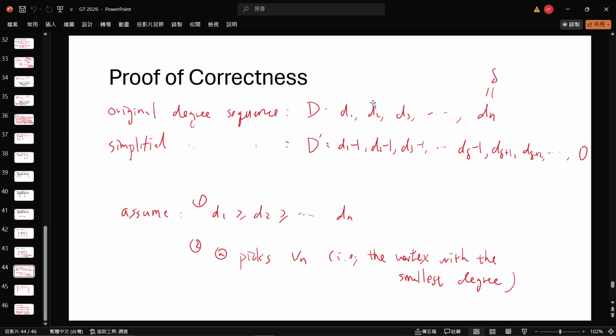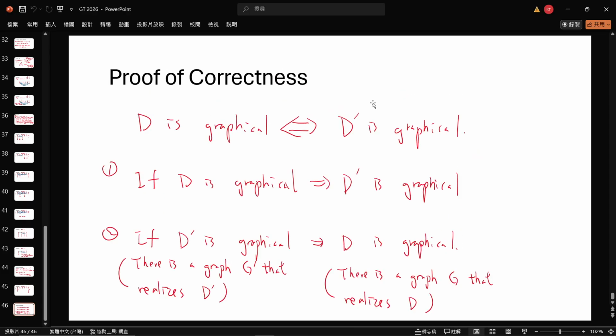所以这边最关键的就是，如果本来的它是 graphical，就是真的有一个 graph 可以 realize 它，我们这边做的事情是确保新的 degree sequence 也是 graphical，那这样就不会让 Melvin 上礼拜说的那个情况发生，就是这个演算法 output 说不是 graphical，但事实上它是 graphical。如果上面是 graphical，新的也会是 graphical，就不可能让这件事情发生。OK，所以这是整个证明最重要的地方。Okay, so this is the first direction.